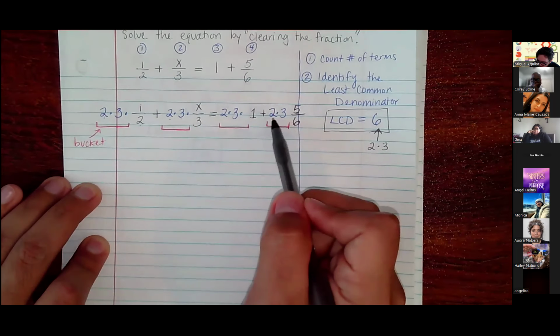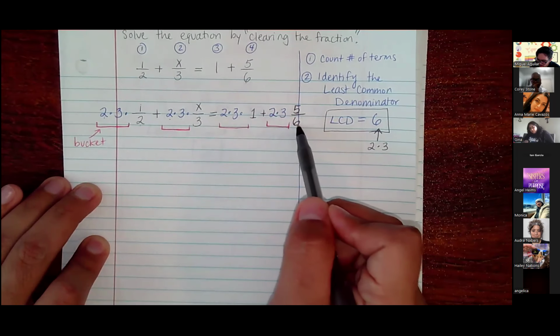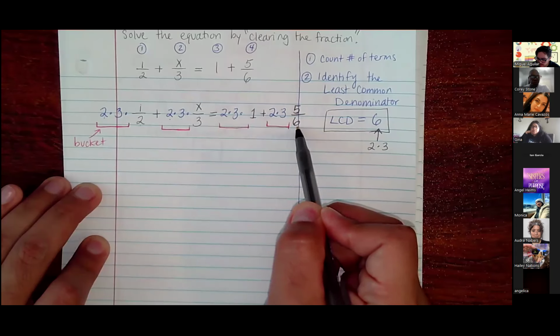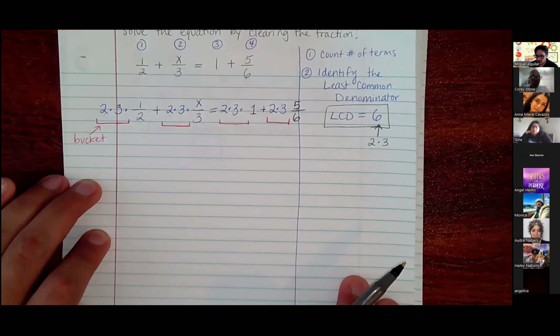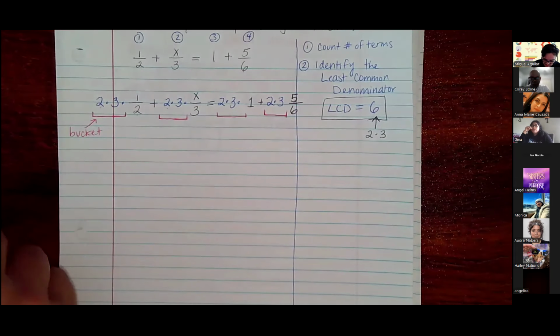Okay, so if we know that 2 times 3 is 6, we don't have to multiply anything extra here because this 2 times 3 will cancel out this denominator of 6. Does that make sense? Yes. Okay. Any questions, comments before we proceed? Now I said, I know that this looks like a lot of writing.